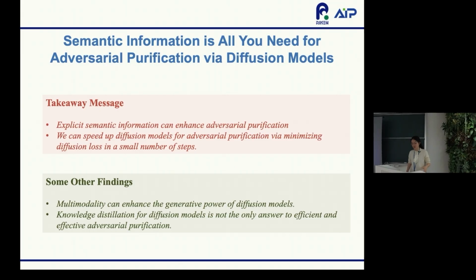In the past, people sped up adversarial purification based on diffusion models using knowledge distillation, which also requires a lot of previous training or distillation process. But here, we directly solve that without knowledge distillation, relying only on the optimization of the diffusion loss.